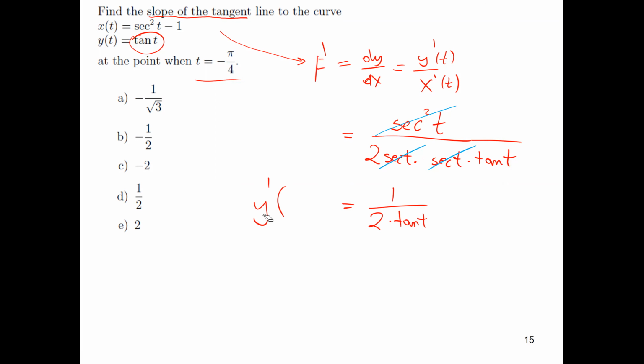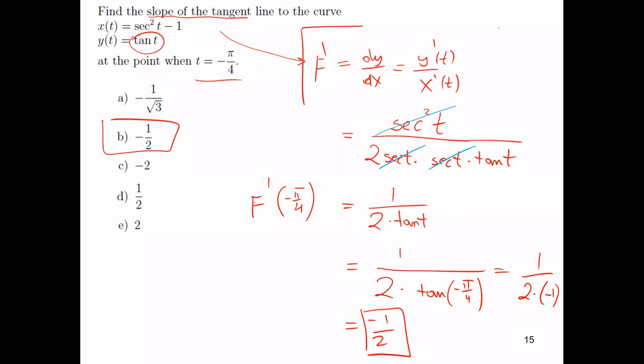What is tangent for negative pi over 4? It's not 1, it's negative 1, because it's an odd function. Negative half is the final answer, and I believe we have this option. That's the slope of the tangent line at the point negative pi over 4 for that curve. Please remember that concept.